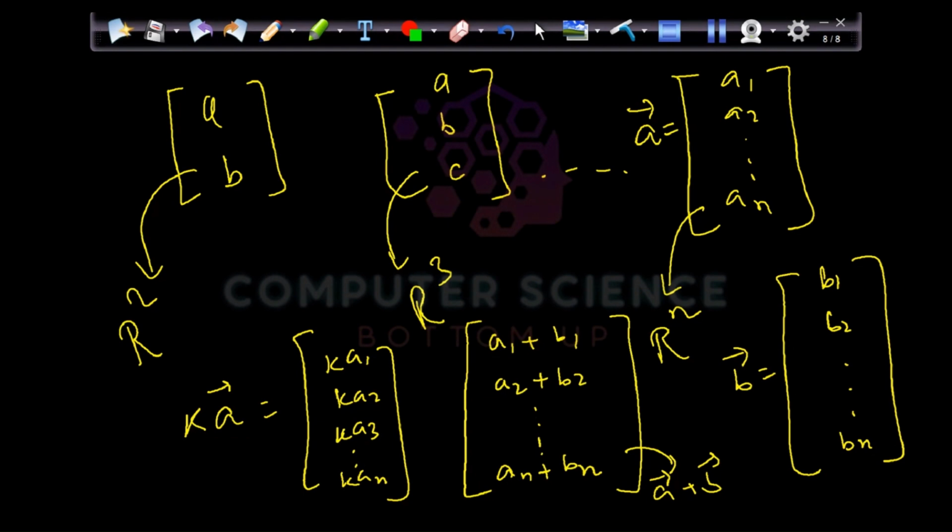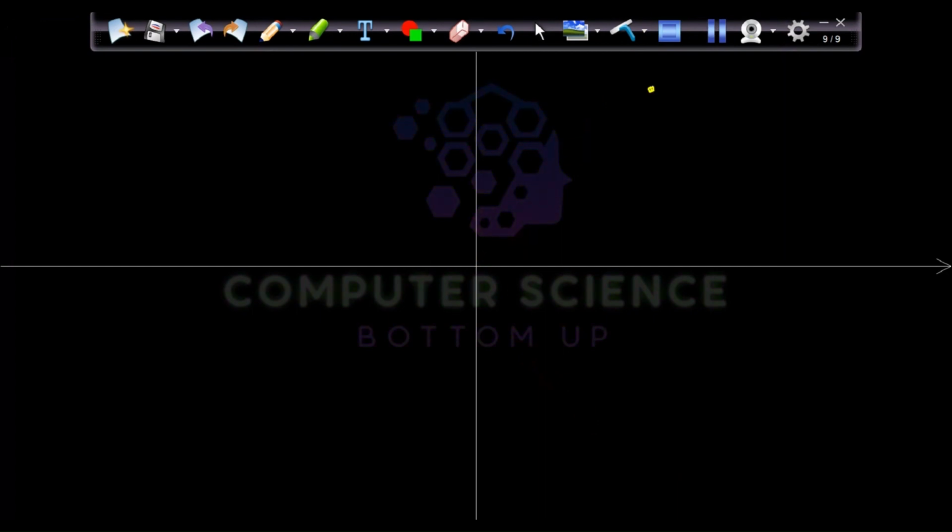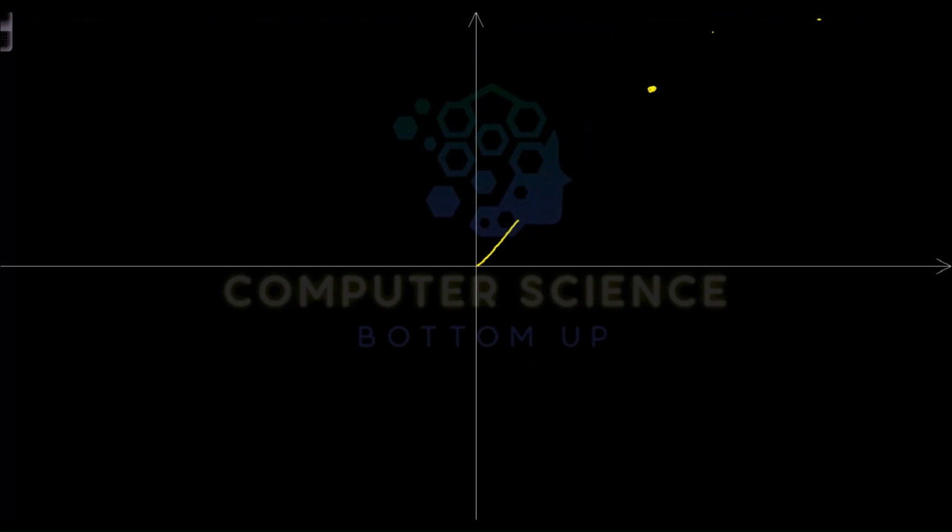Let me give you a little intuition behind all these things. Let's say this is one vector, the a vector, and there is another vector, the b vector.